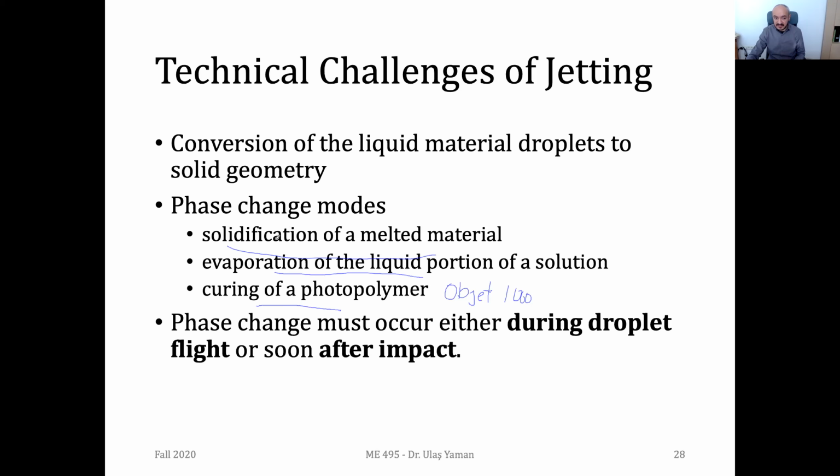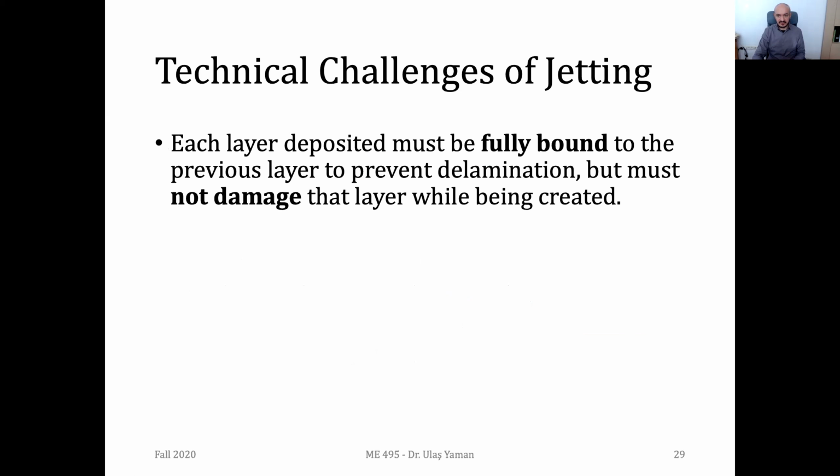So we need to have a phase change for sure, since for drop generation, we need a liquid state. But this solidification or polymerization may happen during the droplet flight while drops are moving in air, or just after they impact the substrate or the previous layer. These are critical issues for jetting processes.